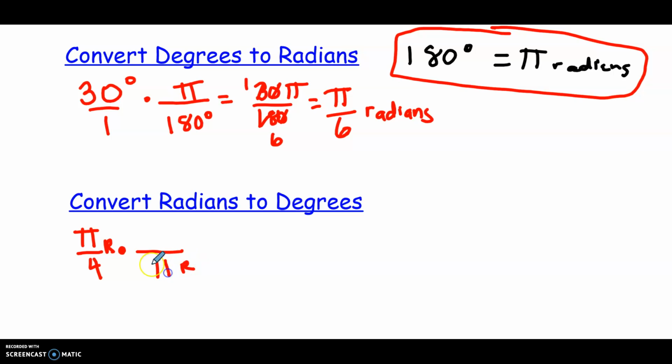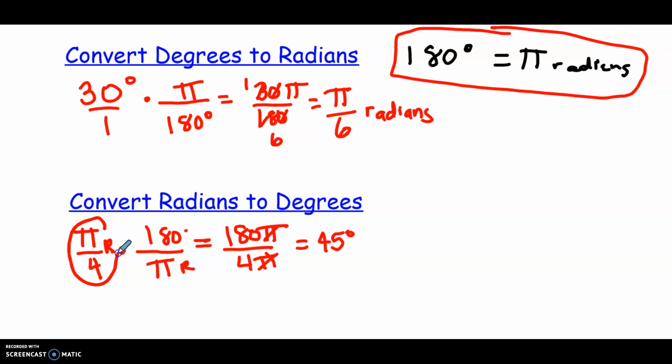We know that's pi radians, and I want 180 degrees to be on top. That is my conversion. So when I multiply this across, I get 180 pi over 4 pi. And yes, the pi's cross out, and you end up reducing this to 45 degrees. So pi over 4 radians is equal to 45 degrees.